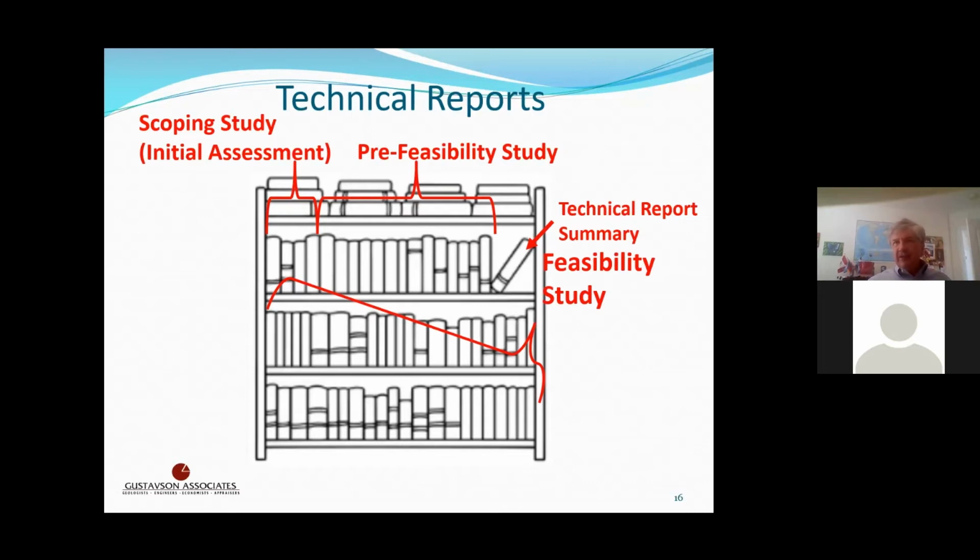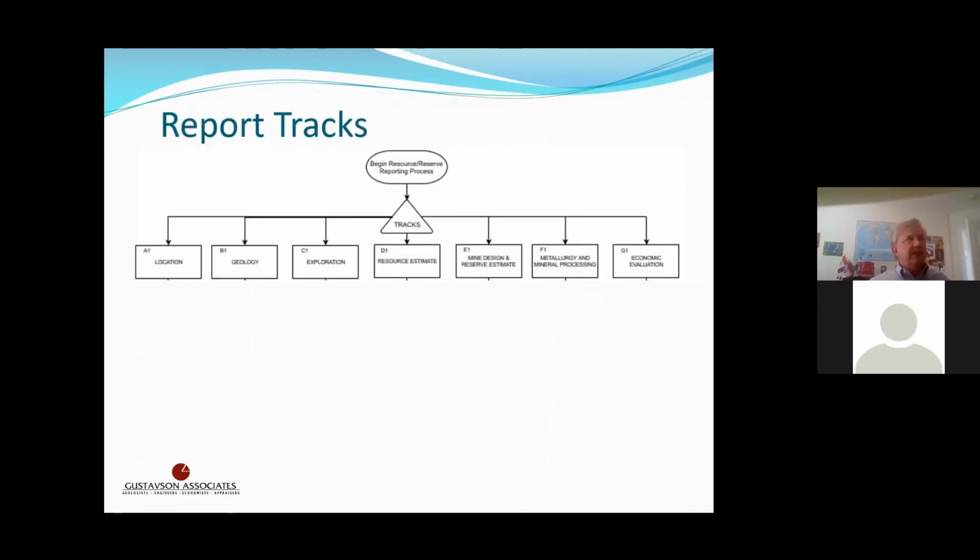For simplification, and this may be my simplification, but my vision of it is that there are basically 7 different tracks that have to be followed to put one of these reports together. You have to define the location, you have to describe the geology, you have to describe what was done for exploration, how the resource was estimated, how the mine was designed and the reserve estimate, how the mineral will be processed, and how that results in a feasible economic evaluation.